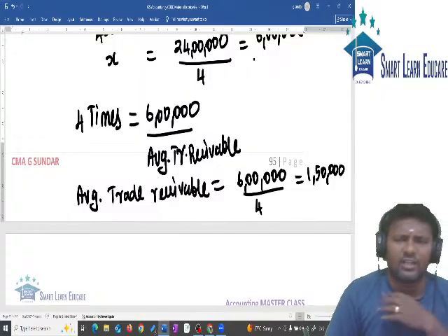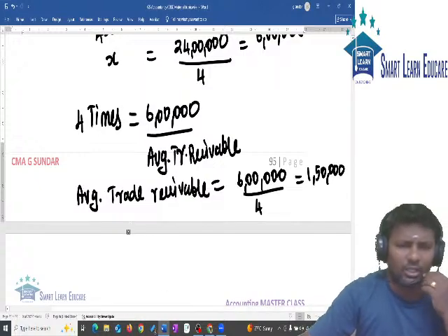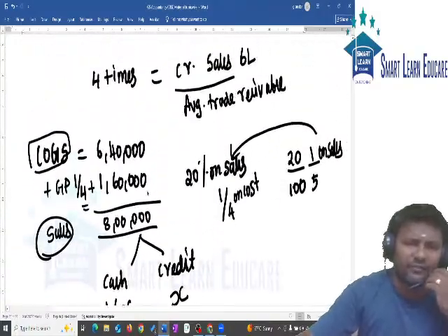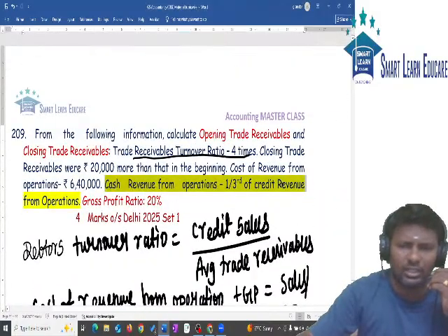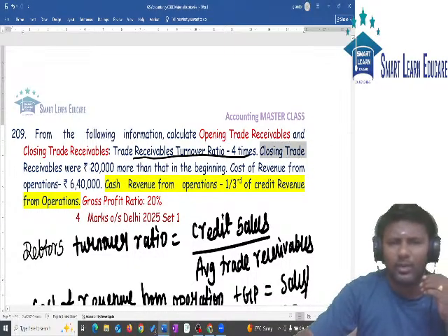When average trade receivable is 1 lakh and 50,000, from this we can find out what is opening trade receivable and closing trade receivable. What is the information given for opening and closing trade receivable? Closing trade receivable is given as 20,000 more.